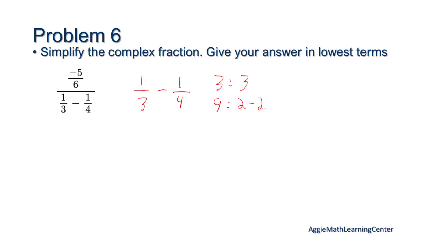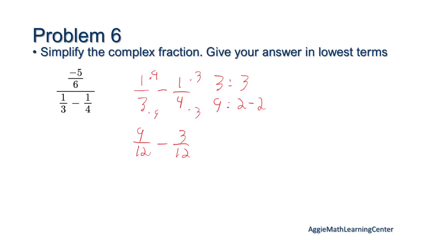They do not. As a result, we're just going to multiply them all together. So the least common multiple is going to be 12, which means that we can just multiply 3 times 4 and 4 times 3, along with the numerators. And that will give us 4 over 12 minus 3 over 12.